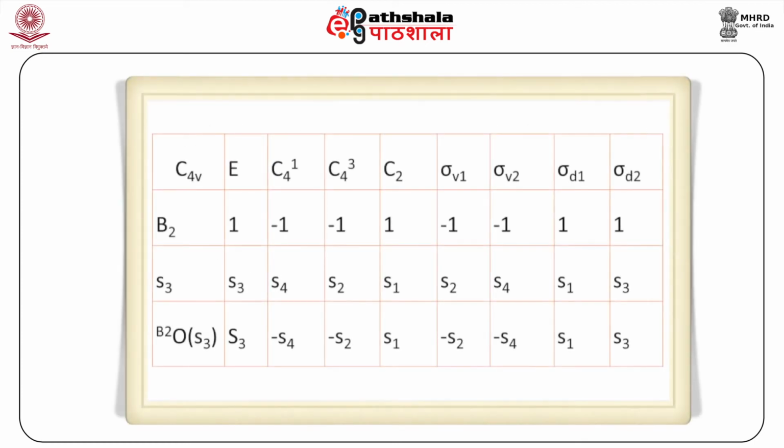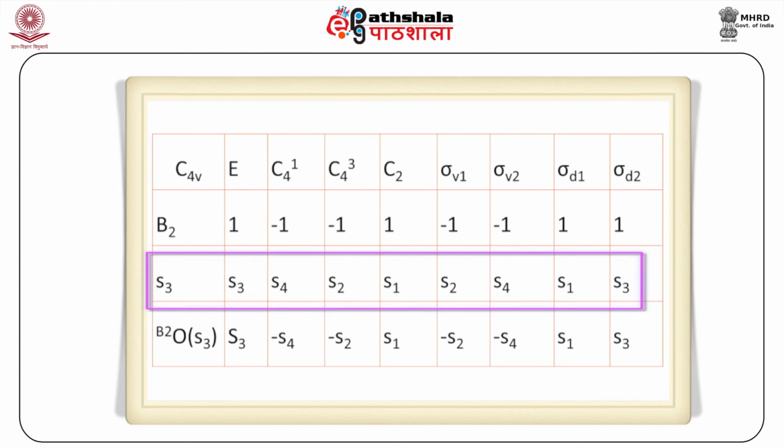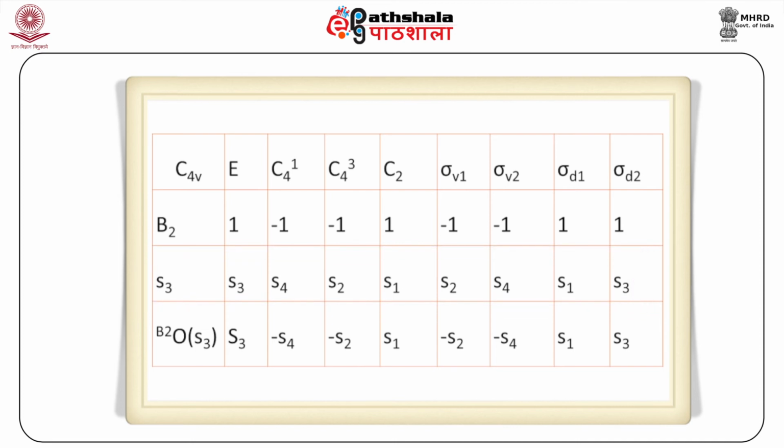If we make use of B2 and go for B2O on S3, again we see the row against S3, that is how S3 transforms, shown over here: S3, S4, S2, S1, S2, S4, S1, S2, like this. Similarly I get the result B2O S3 as shown against this.